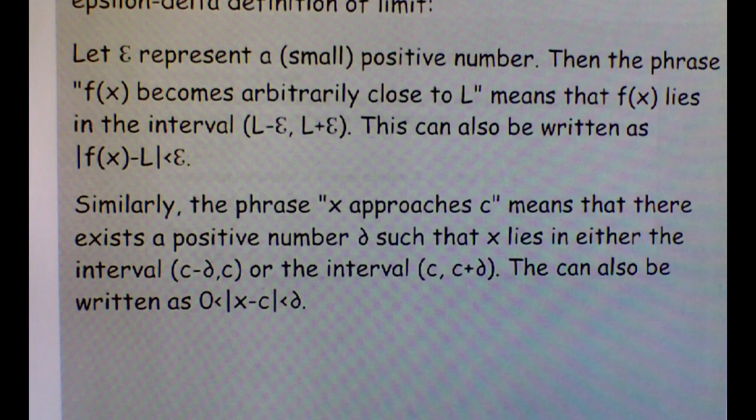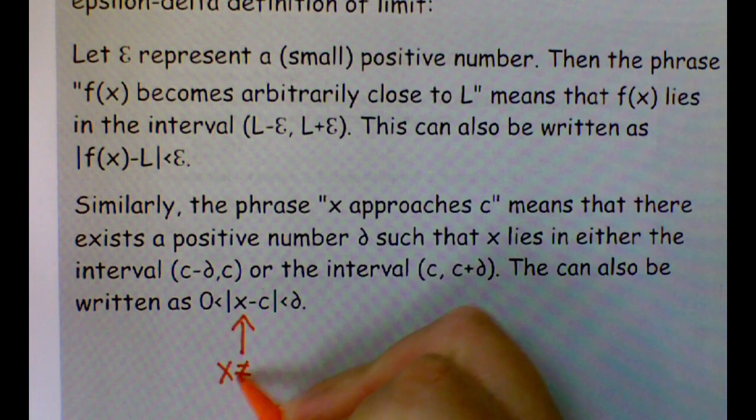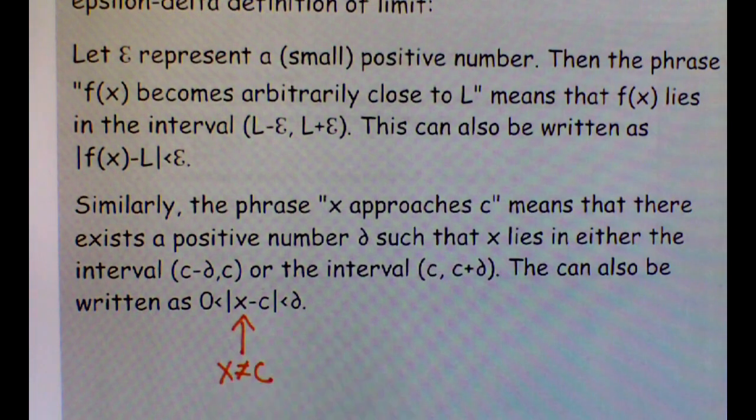Similarly, the phrase x approaches c means that there exists a positive number delta such that x lies in either the interval c minus delta to c or the interval c to c plus delta. This can be written as 0 is less than the absolute value of x minus c is less than delta. This means that x can't equal c. X can never equal c, all right?